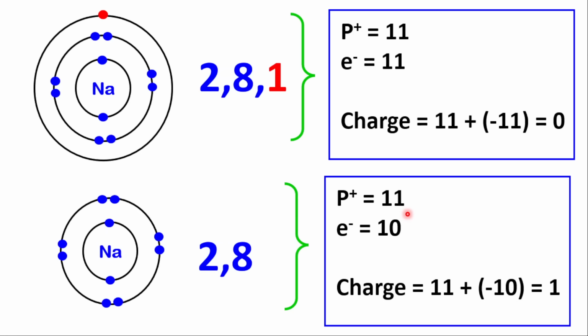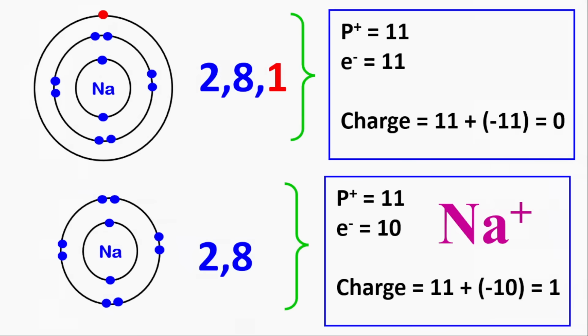Once the protons change, it is no longer the same element, because what determines the characteristic of an element or atom is the number of what? Protons. In this case we only have 2 plus 8, which is 10 electrons. So 10 negative plus 11 positive gives a positive 1. So sodium is positive 1 in this case, and that's why sodium is Na+. So that's just a basic revision of how you form ions.